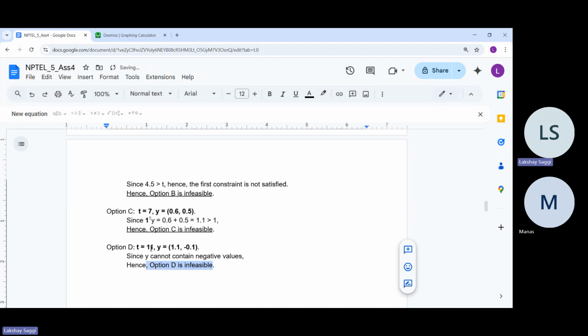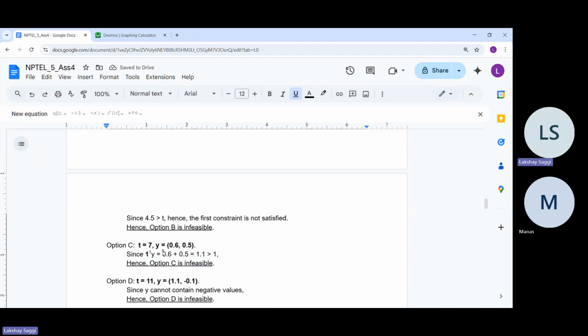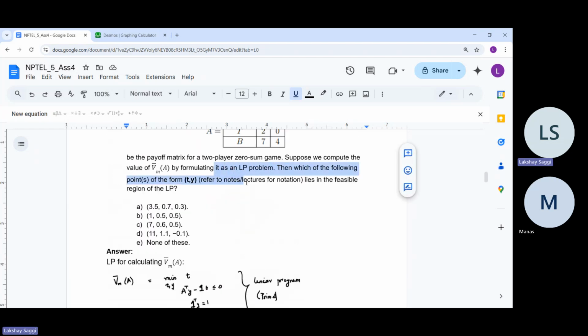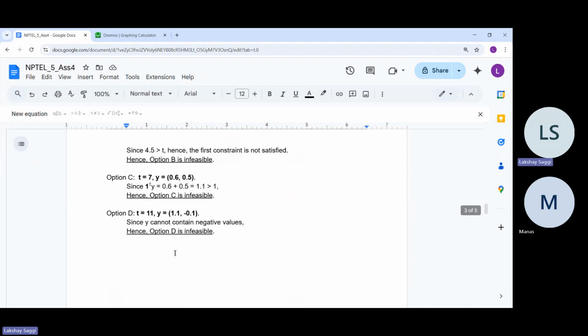So I hope this makes sense. So options B, C, D are infeasible. Only A is feasible. So we had to point out the points which lie in the feasible region. So only A lies in the feasible region. So finally, the final answer will be option A is correct. This is the final answer.